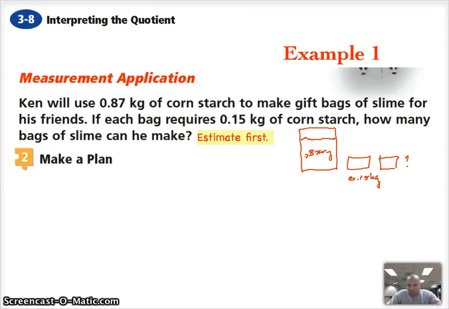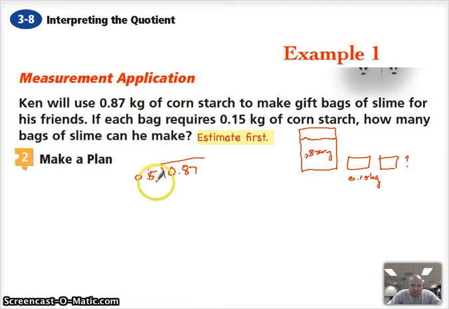So the division problem being 87 hundredths divided by 15 hundredths. Now 87 hundredths divided by 15 hundredths needs to be estimated first.